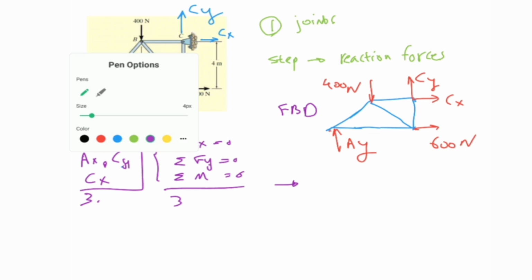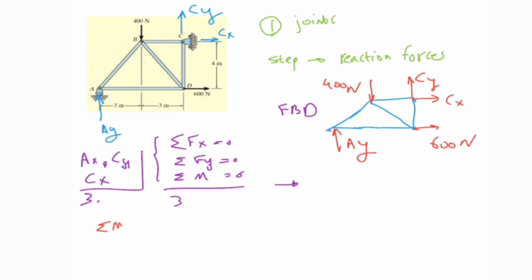For doing that, at the beginning it's better to use sigma M, and for the point I choose C because I have two unknowns over there.